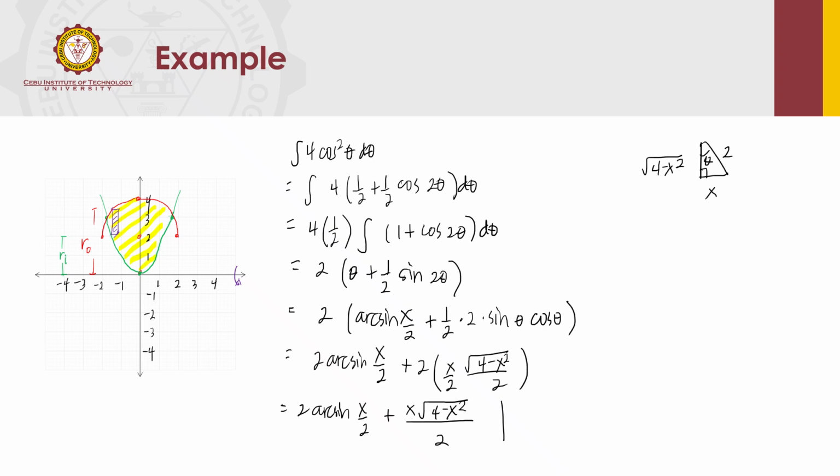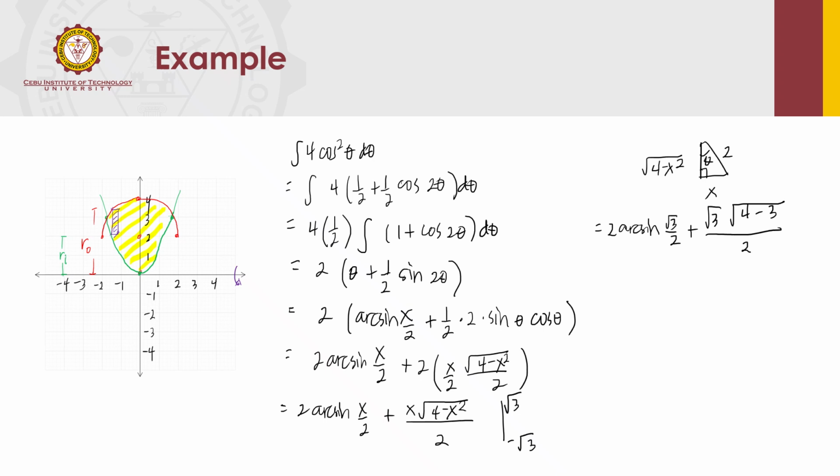And we'll evaluate along this ahead of the other terms. So for the x values, we have square root of 3 for the upper limit, negative square root of 3 for the lower limit. So it's 2 arcsine of square root of 3 over 2 plus square root of 3 and square root of 4 minus 3, and then all over 2.